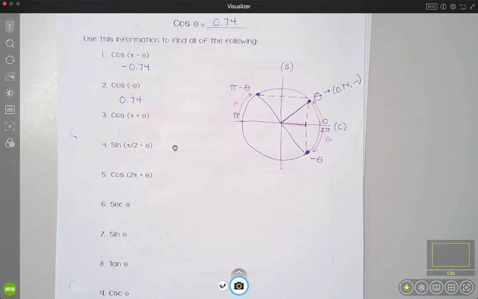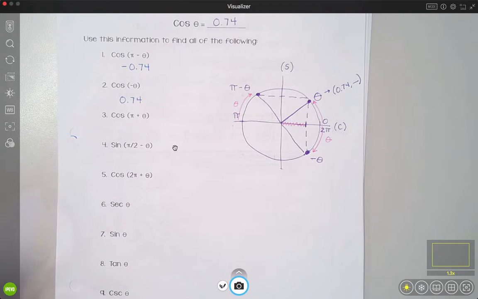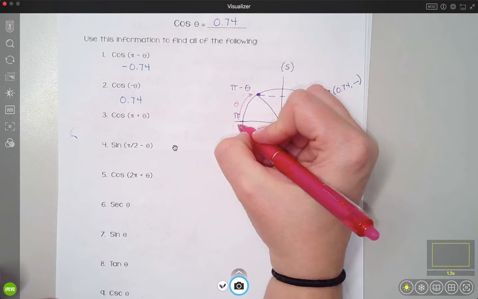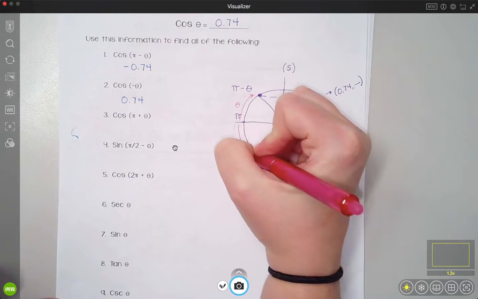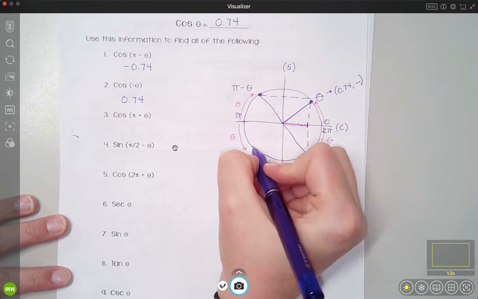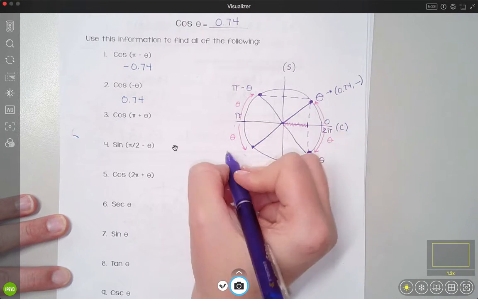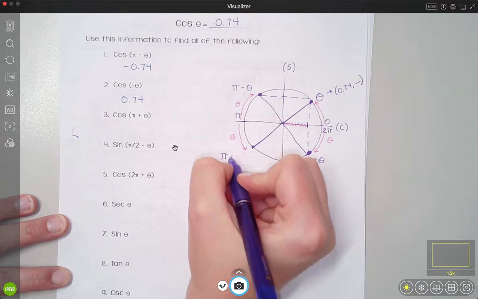Okay. So now when I look at this next one, sorry, I'm mixing up my colors, pi plus theta, that's me starting at pi and moving theta from there. Okay, that's going to give me this angle that's directly across, like diagonally. That is pi plus theta.